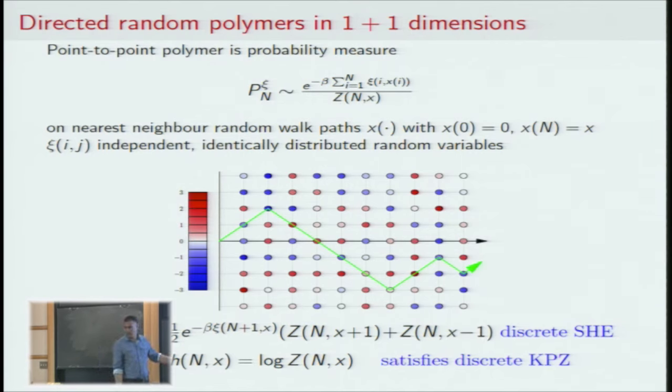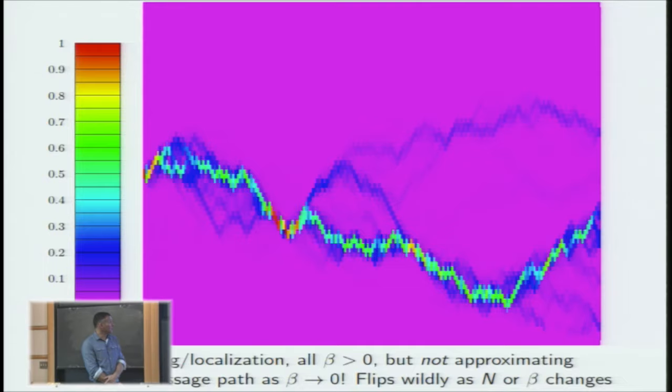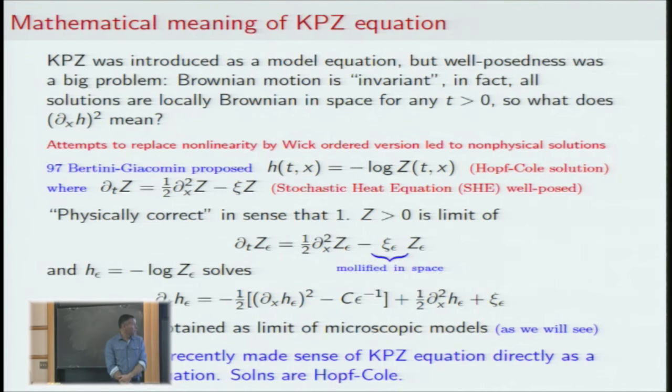This may not look exactly like a heat equation, but if you look at it carefully, it is. The KPZ type things are just logs of stochastic heat equations. So if you take the log of this equation, you'll get a long, complicated equation which will look like a discrete KPZ.